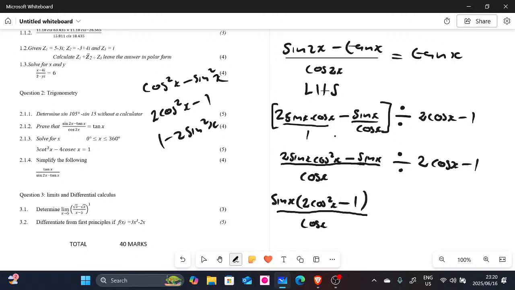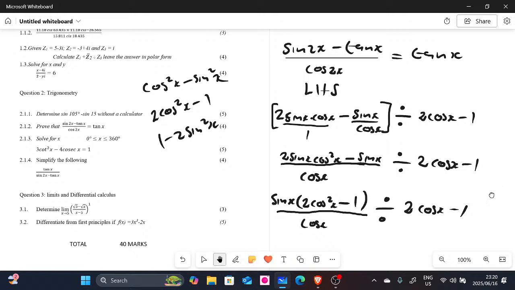Oh yes, this is correct. So divide by, don't forget we have this division here, 2 cos x minus 1. So far we're still okay, I hope.